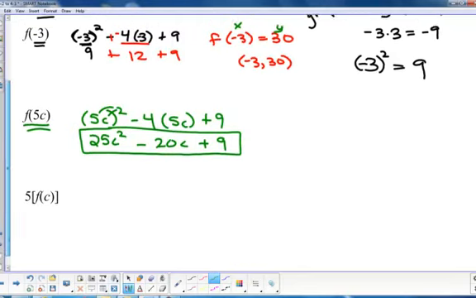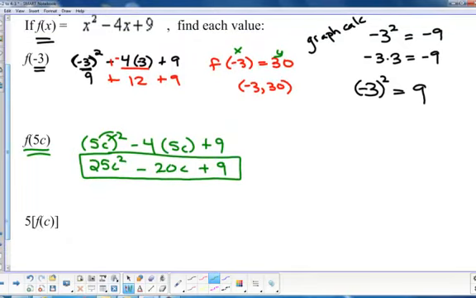And then the last one, I need to actually just see the problem. We're plugging 5 on the outside of f of c. So we're plugging c in for x, and then we have a 5 on the outside. So I'm going to color code this. So this 5 is on the outside of the whole equation. And then the equation, c is going in for x.